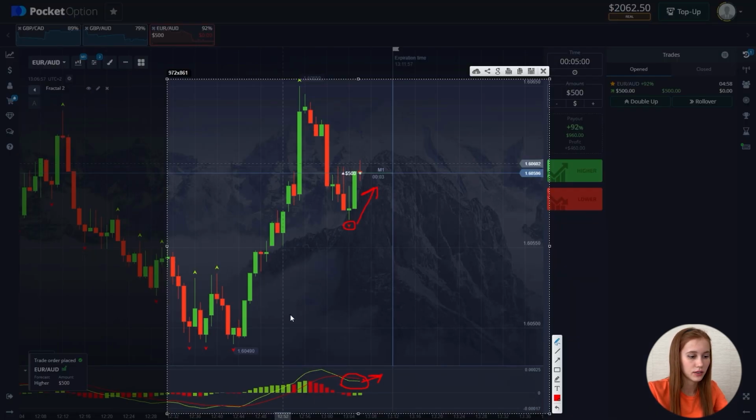Now I'll explain to you about the fractal. The fractal indicator is a market reversal indicator used in technical analysis. On a candlestick chart, this indicator looks like up and down arrows, and the fractal signals can be bullish or bearish, based on the reversal it is indicating.